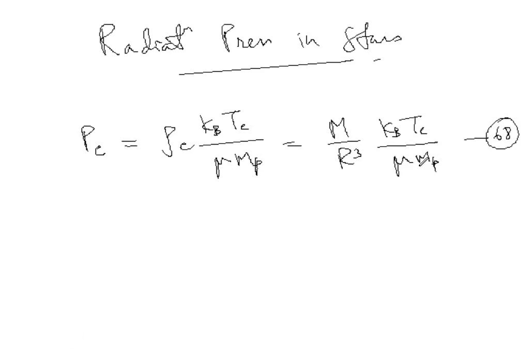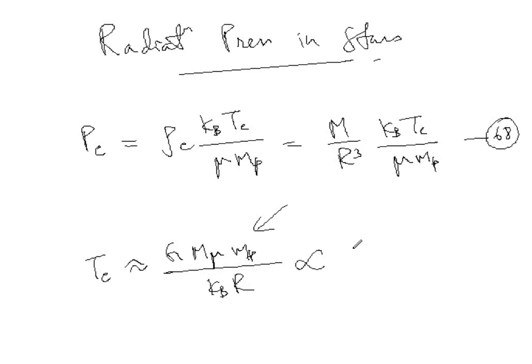So you see, from this equation we already know that the central temperature Tc is approximately proportional to m by r, right? While what about the central gas pressure?